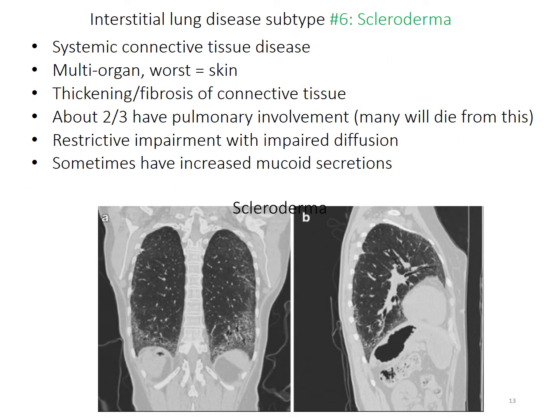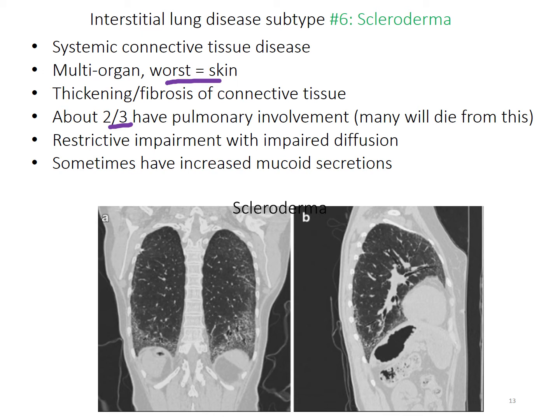So scleroderma is also a systemic connective tissue disease that affects multiple organs, the worst being the skin, where it causes thickening and fibrosis of connective tissue. Two-thirds of patients will also have pulmonary involvement, and many will actually die from this.